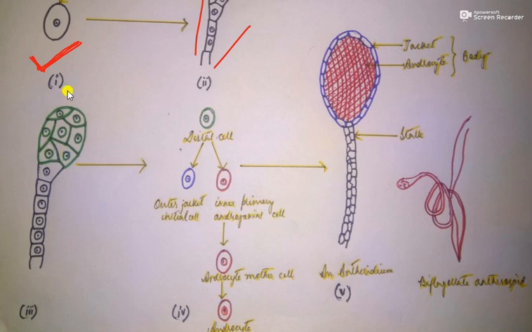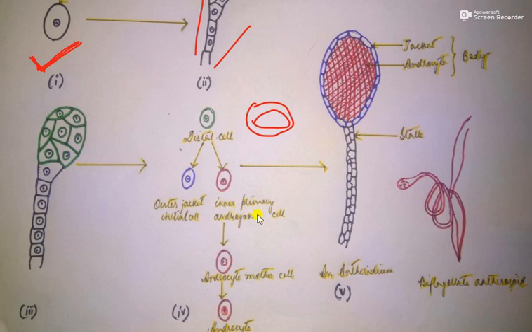Can you imagine this structure dividing in this way? The distal cell will divide and form an outer jacket initial cell and an inner androgonial cell. In this way all the distal cells will divide. You can imagine and compare the structure to this. The outer ones will be blue colored and the inner ones will be red colored, right?